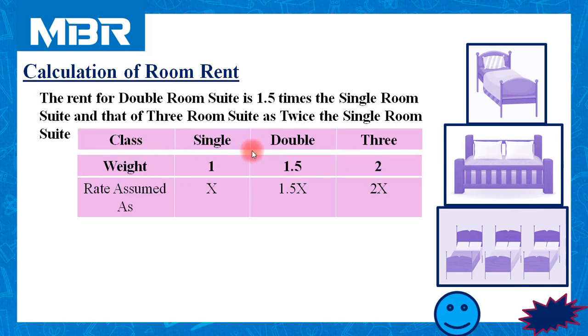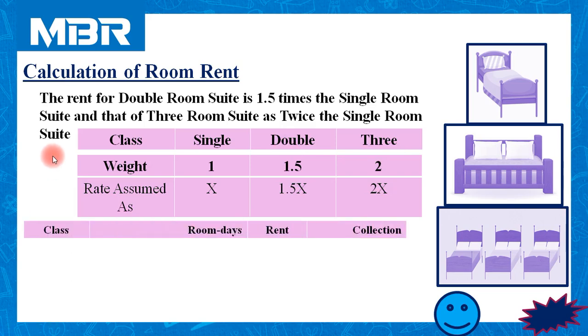Using this statement, let us prepare the weight and assumed rate. The weight is single 1, double 1.5, and 3-room 2. So we have assumed rate as x for single, 1.5x for double and 2x for 3-room suites.